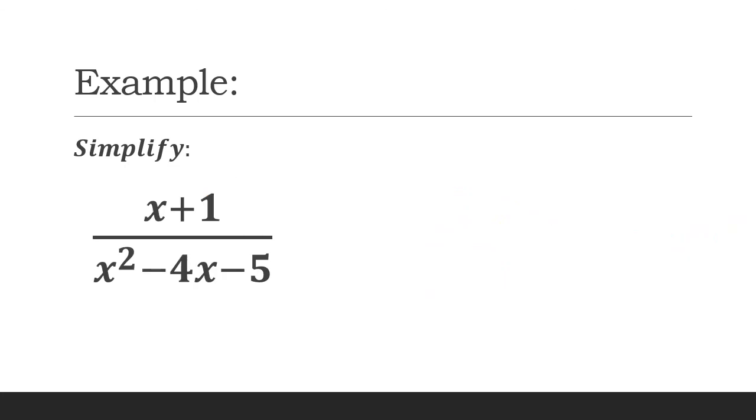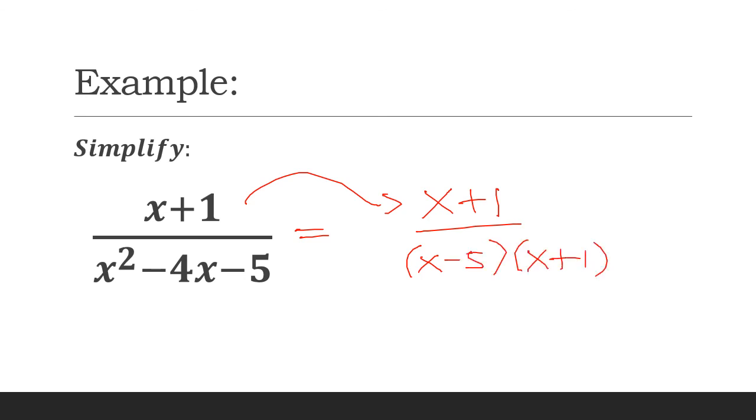Next example, simplify x plus 1 over x squared minus 4x minus 5. So, same process. I-factor natin yung pwede i-factor. Si x plus 1, wala na ibang factors kundi x plus 1 at 1. Over x squared minus 4x minus 5. Ang factors niya ay x minus 5 at x plus 1.